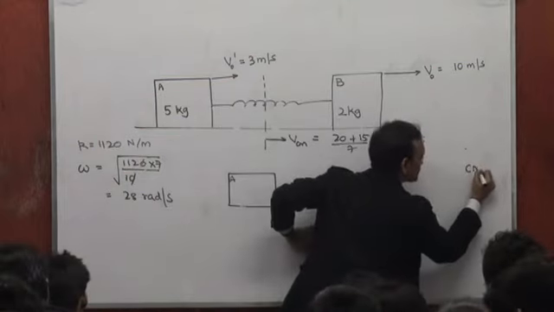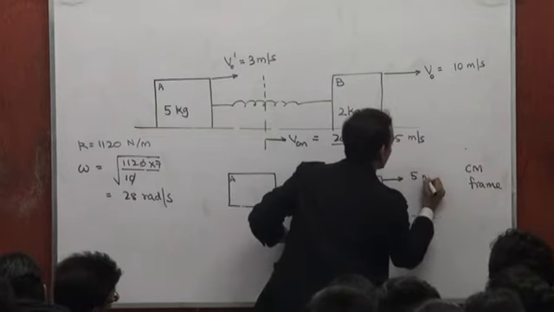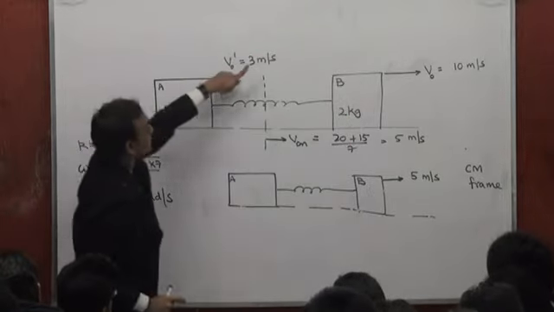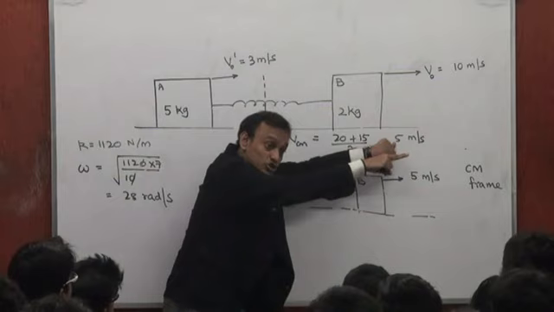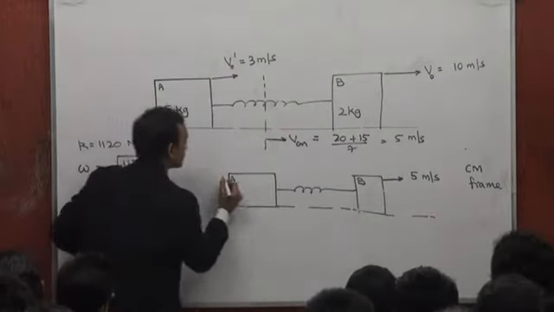This is the center of mass frame. Now, velocity of A must be 3 minus 5, that is minus 2 meters per second to the right. That means 2 meters per second to the left.